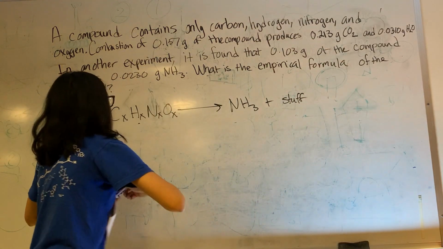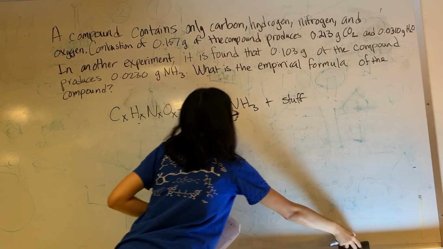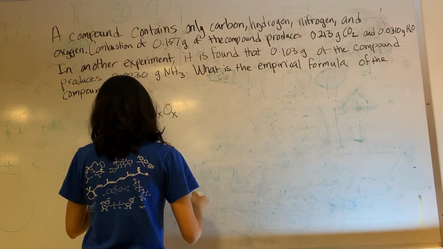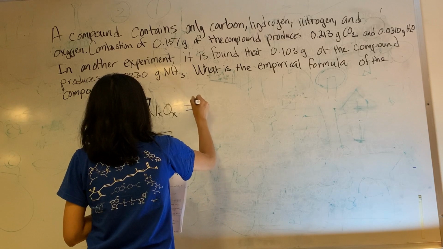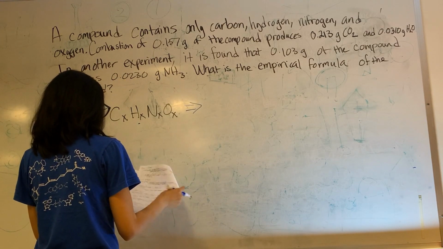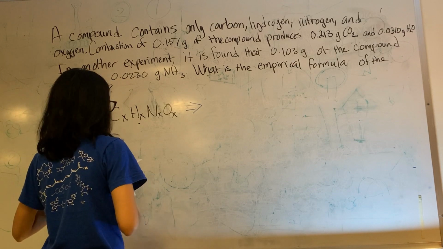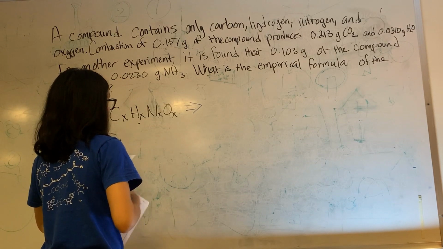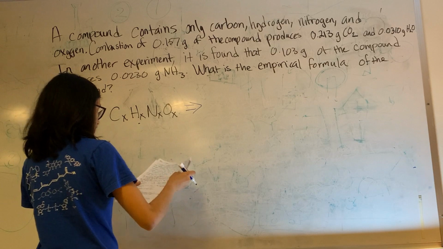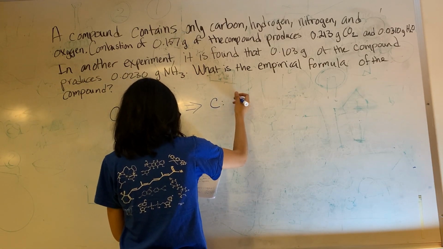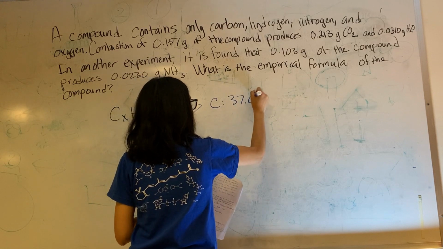Okay, so just to reiterate, we don't need this anymore, but we now have percent masses for each atom. So for carbon, the percent mass is 37.0.